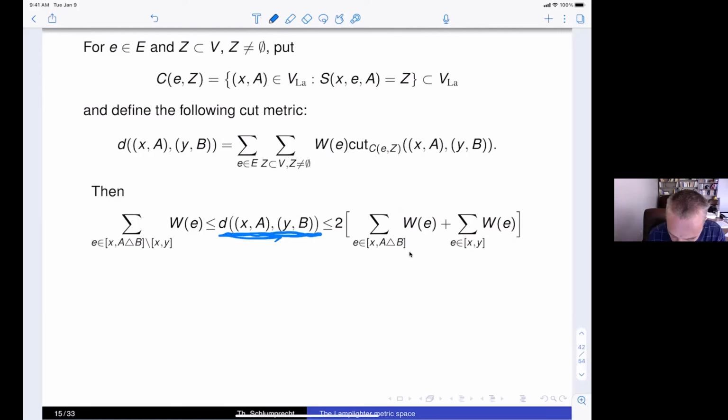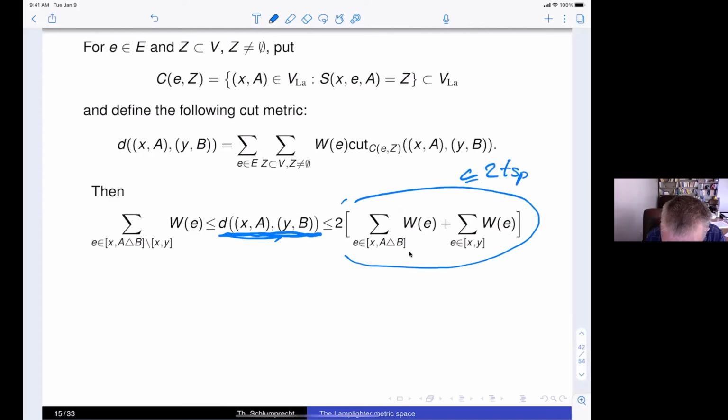You can define that this is smaller than 2 times this, and this is, remember, 2 times this plus this, so this is actually 2 times the traveling salesman problem from X, A, B, Y, and this is bigger than this. What is still missing for the traveling salesman distance is the sum over all E's in X, Y.